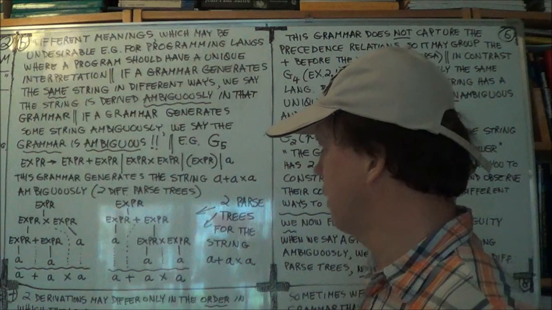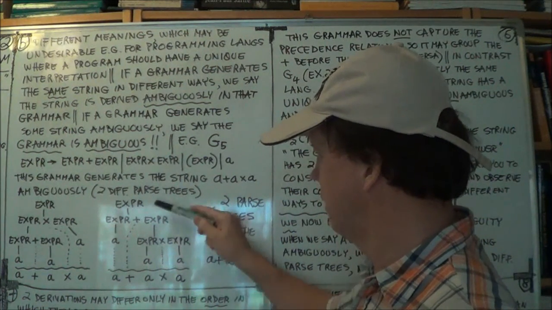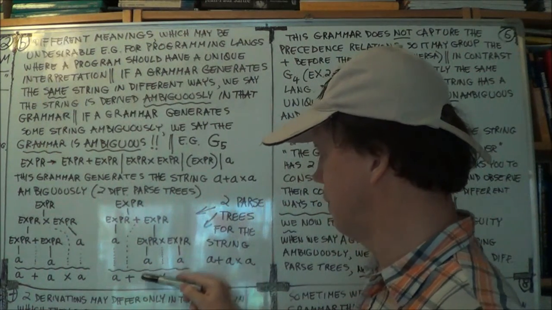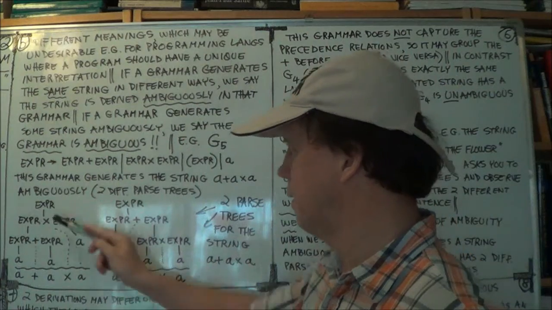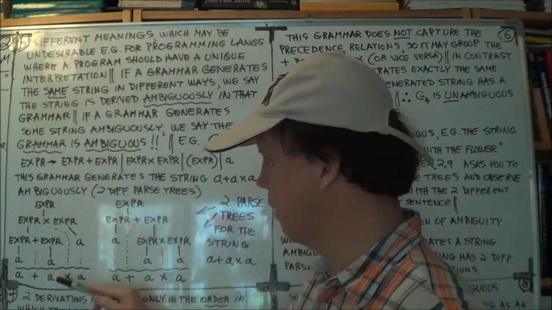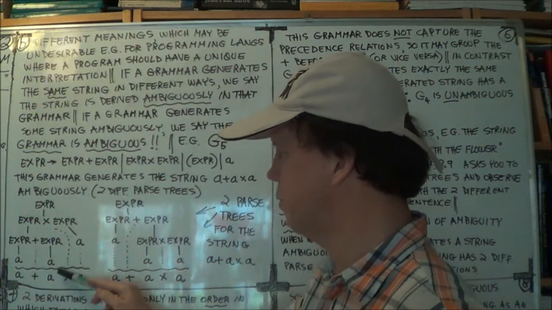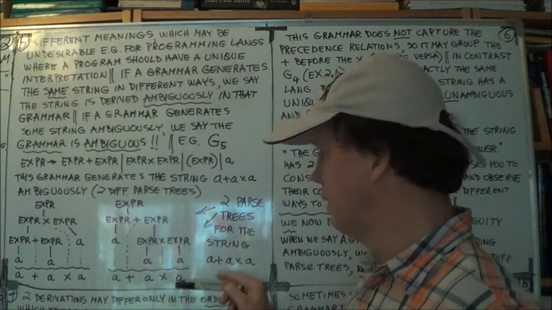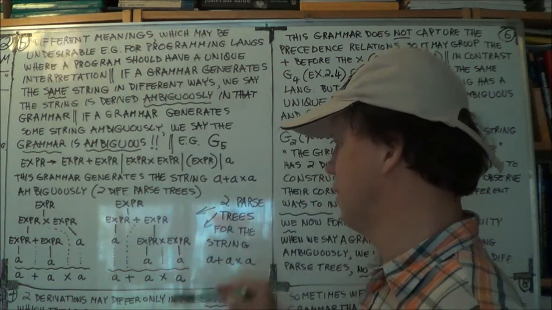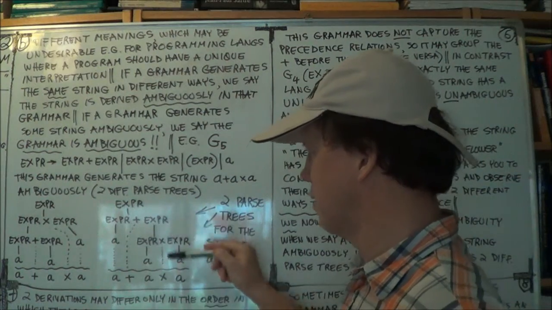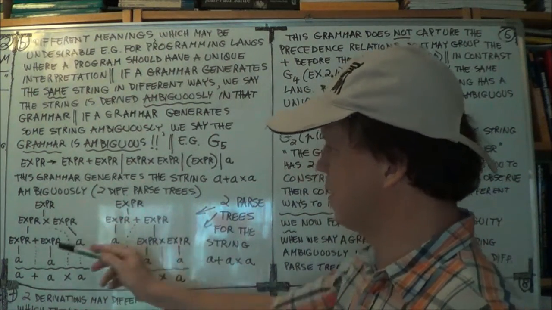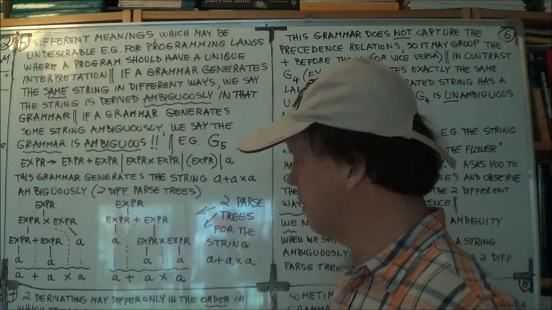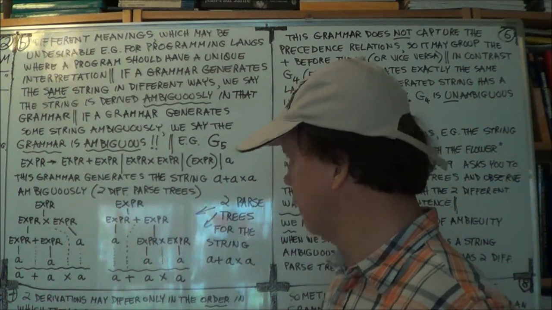They work out the same string, but this branch of the tree is the A times A, and this branch of the tree is like the plus. So in a sense, these three symbols are grouped into the left branch of the tree, whereas these three symbols are grouped into the right branch. But it's the same string. You can just see visually the structure of these two parse trees is quite different, okay? And therefore, you have ambiguity, okay?